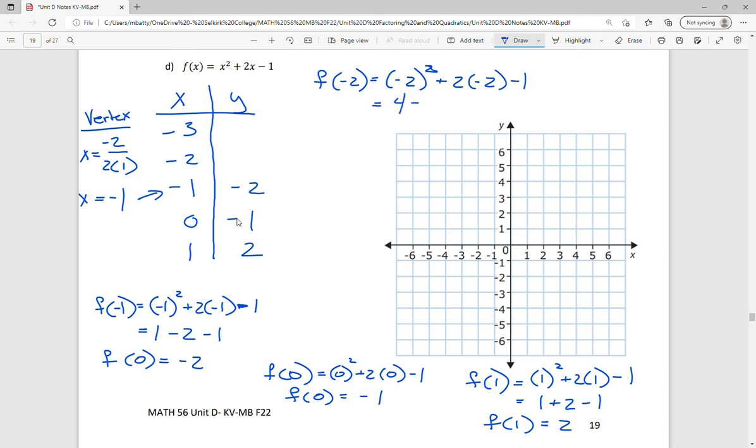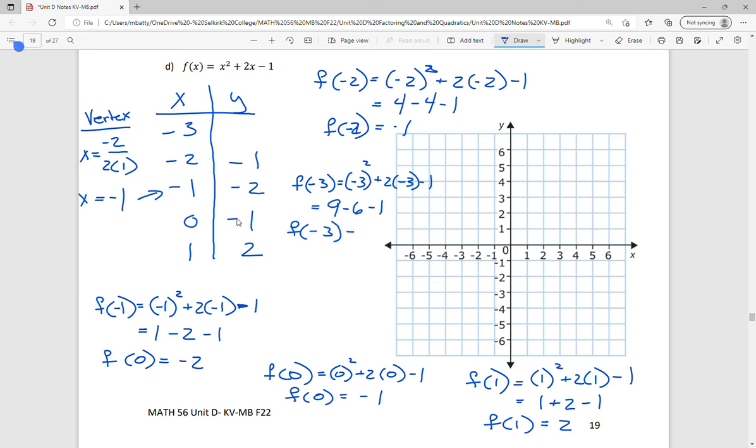I get 4 minus 1. F at -2 should equal -1, which is good. That's checking out. And then f at -3, I could guess, but I'm going to take the time to sub it in. That's a 9 minus 6 minus 1, or f at -3 is equal to 2.